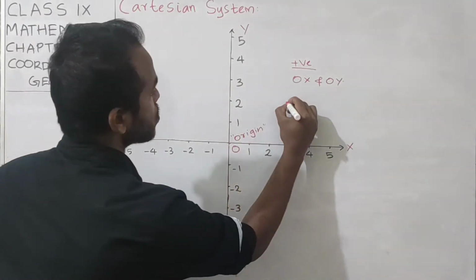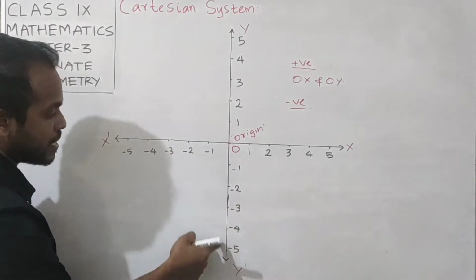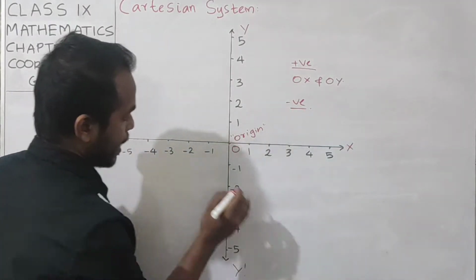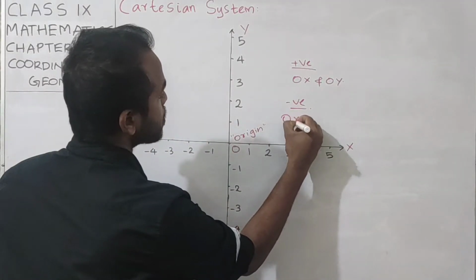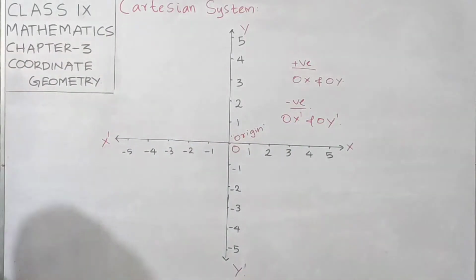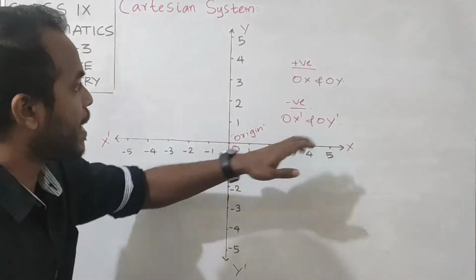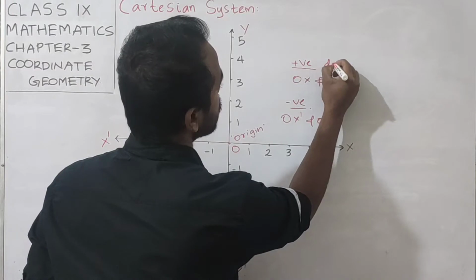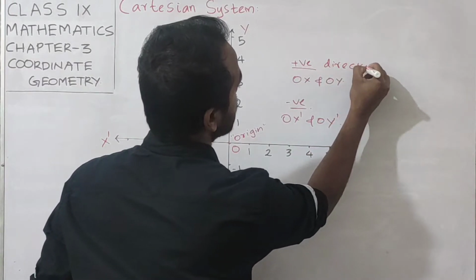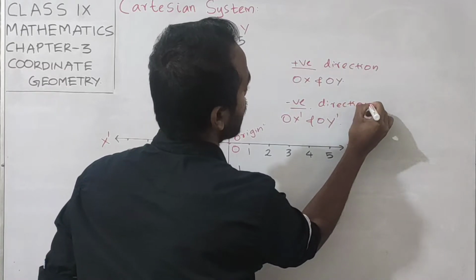The fourth line, OY dash, is also 0, minus 1, minus 2, minus 3, and so on. So OX dash and OY dash are the negative lines. The first is called the positive direction, and this one the negative direction. So that's the basic thing.